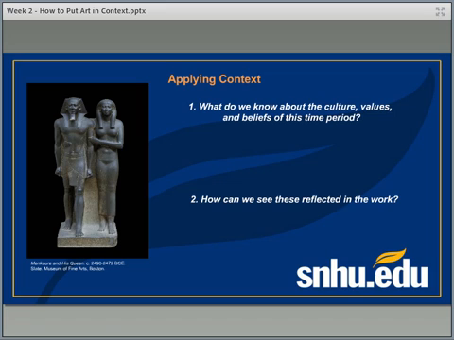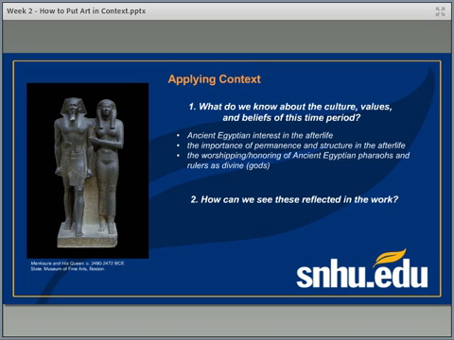And here we're building off of what we did before in terms of just looking at what we see, and we're bringing in our research and our reading and our richer, deeper understanding of the world in which this work was created. So some things we learn about this culture when we do our reading and our research.